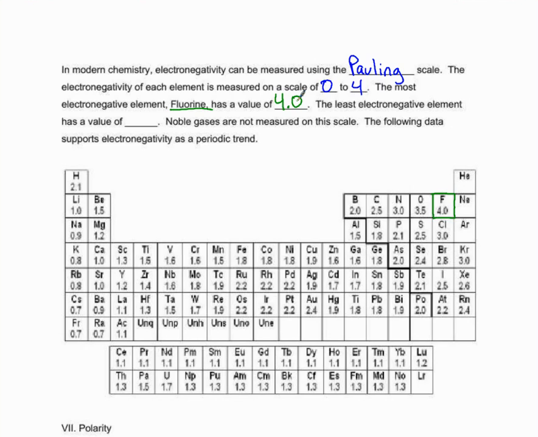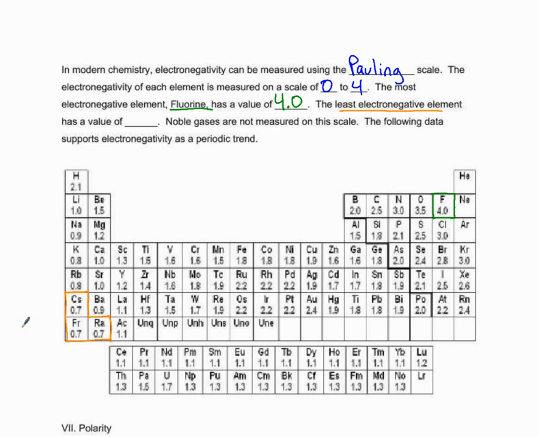And the least electronegative element would be somewhere towards, so most is at the top right, so we're going to go to the left to find the least and to the bottom to find the least. And we see it's actually a tie. These are our least electronegative elements.